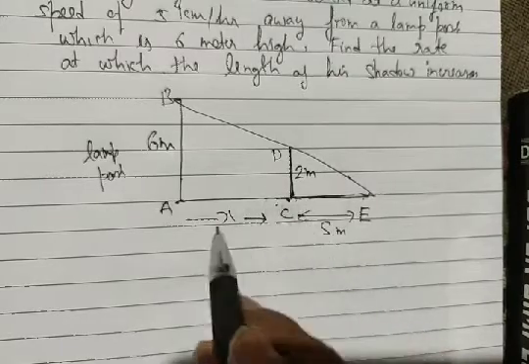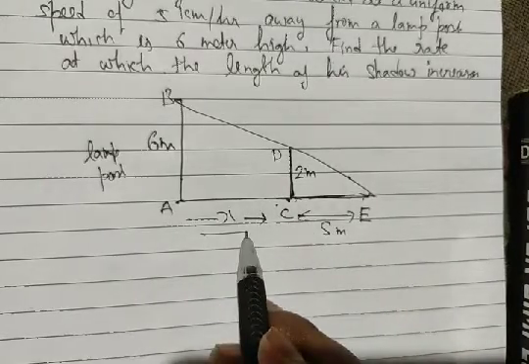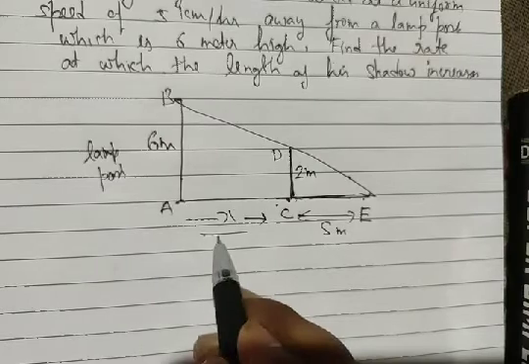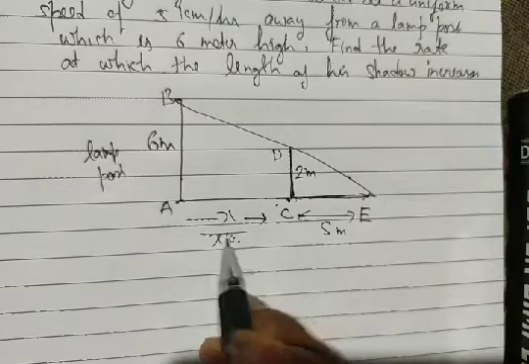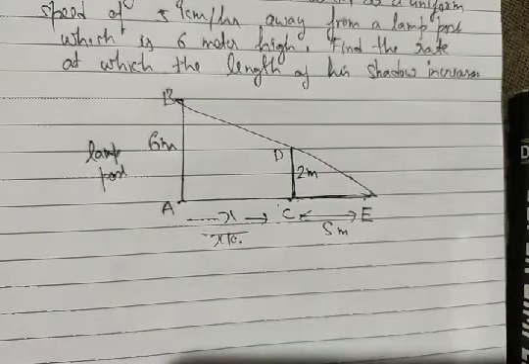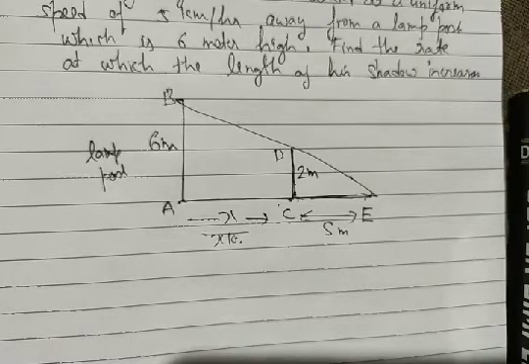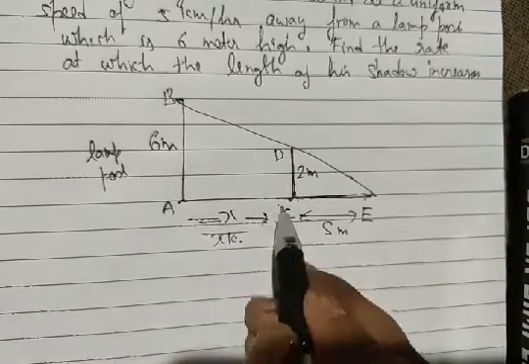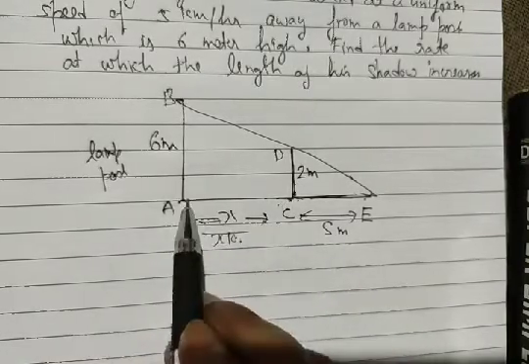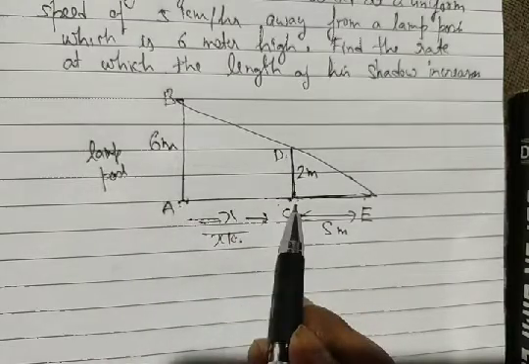The man's height is 2, and suppose his speed is X km per hour. Now we have a figure. We draw a rough figure with respect to our knowledge. This is the lamppost AB, this is our man CD.